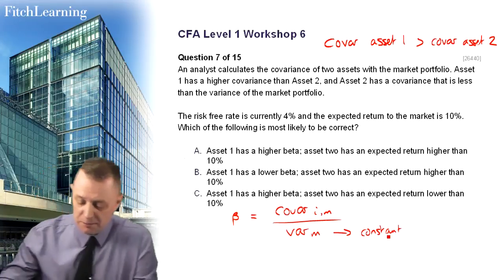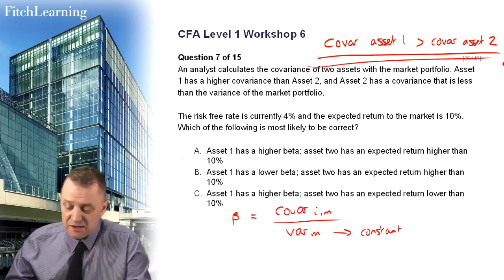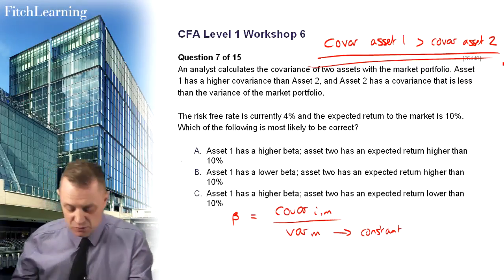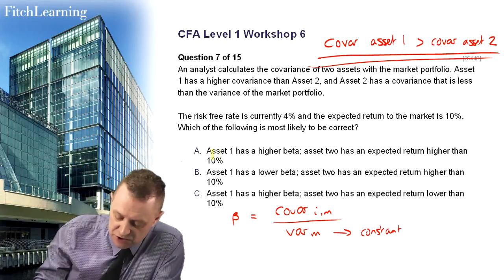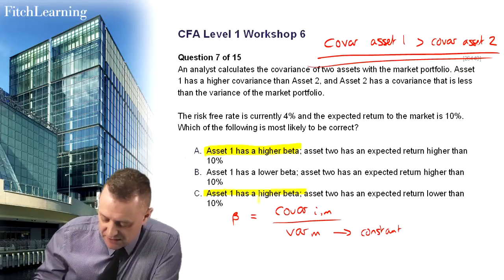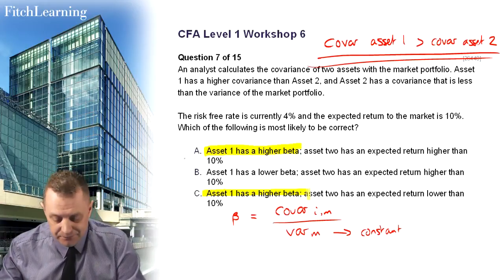Now, we were told up top that the covariance of asset 1 is bigger than the covariance of asset 2. So given that the covariance is bigger for asset 1, its beta must also be bigger. Okay. So I'm going to say straight away the answer is either A or the answer is C. Okay. Because we're saying asset 1 has a higher beta.